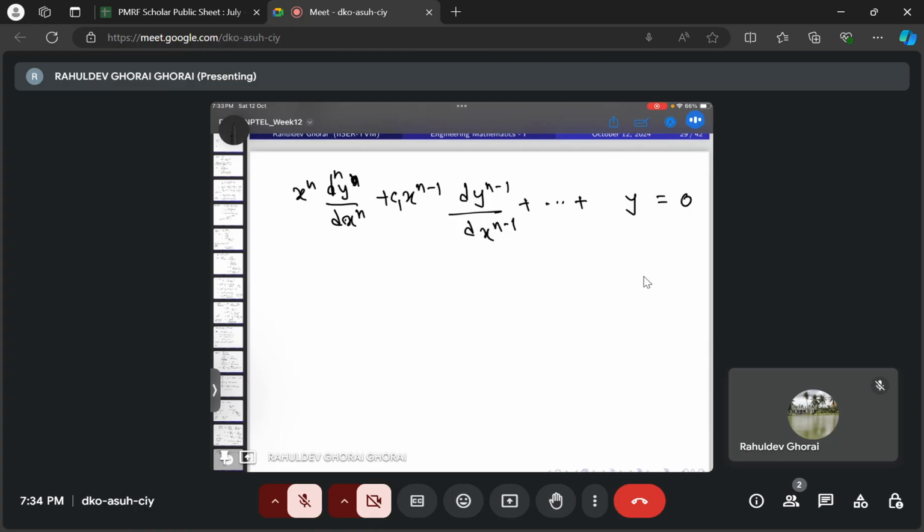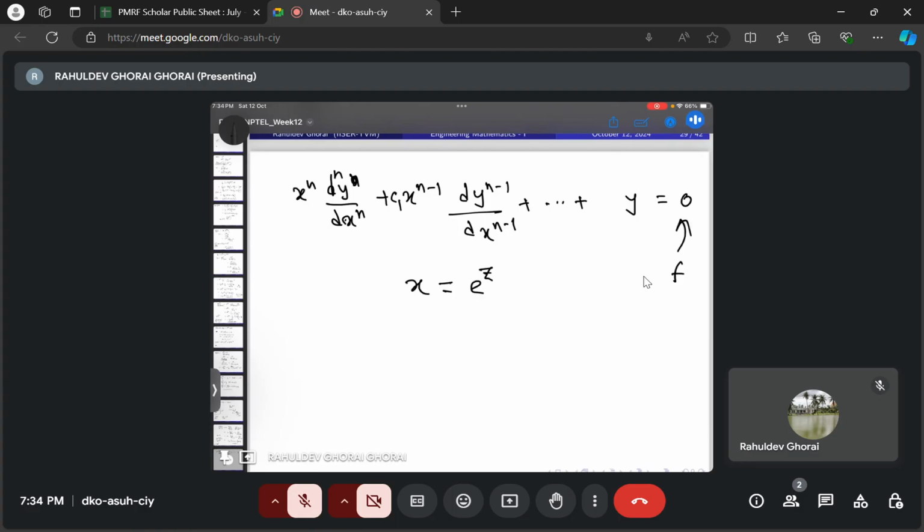If you see this type of equation, then you call it a Cauchy-Euler equation. In this case we will always take x equal to e to the power z, and if you transform it, it will become a constant coefficient differential equation, and you can solve that. Then you put z back, where z is ln of x, and you get the solution for the differential equation you started with.